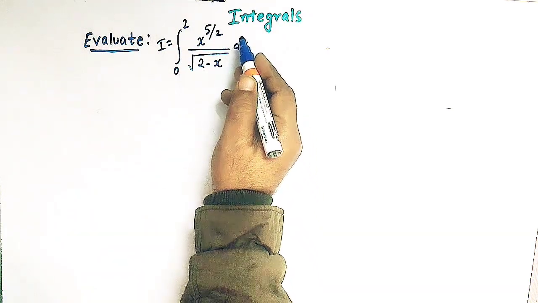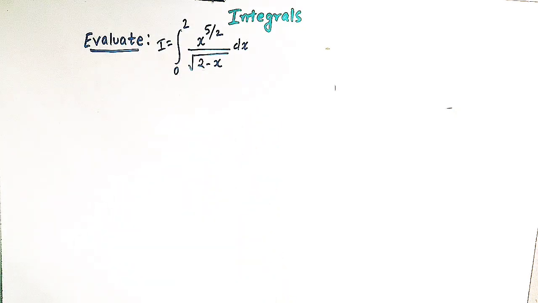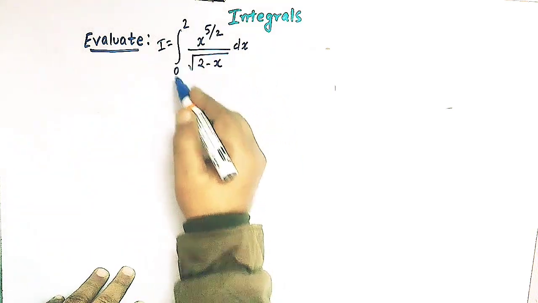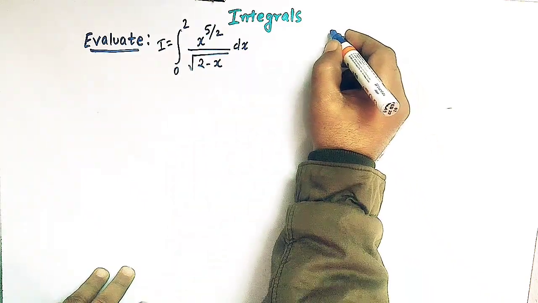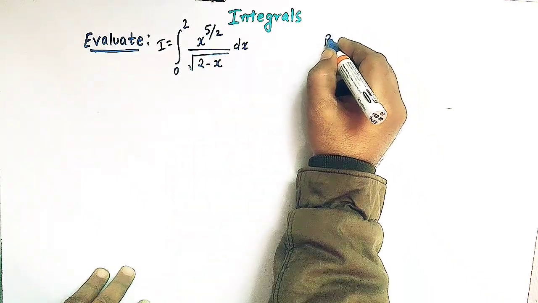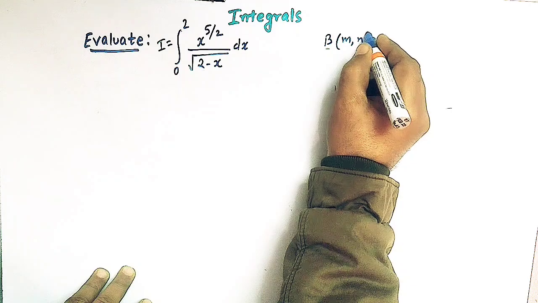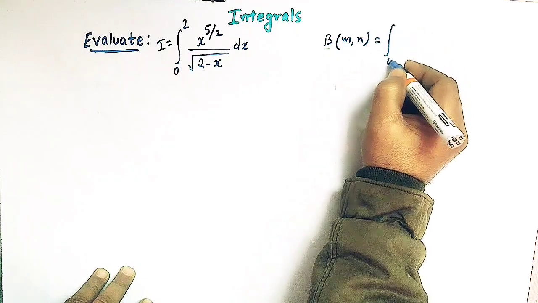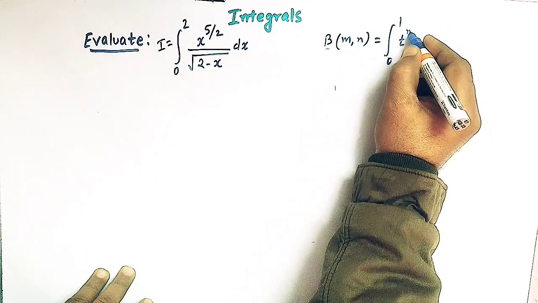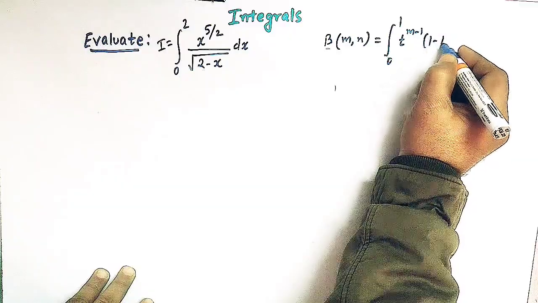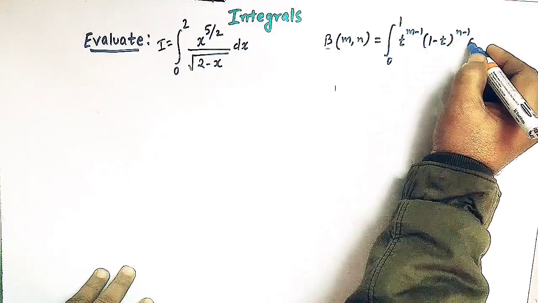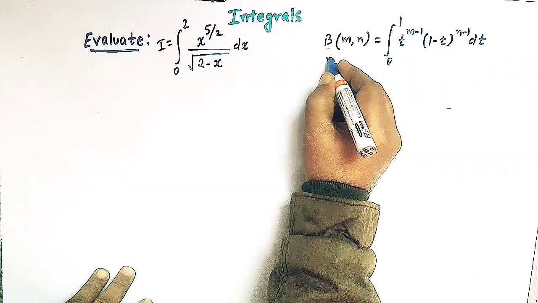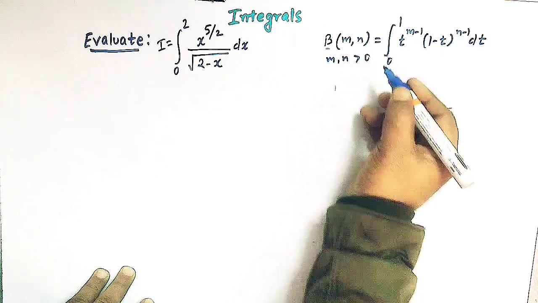Now here we will first make use of the method of substitution, right? And by using the method of substitution, we'll convert this integral into this form, that is the beta function, that is beta m comma n is given by the integral 0 to 1 t raised to m minus 1 and 1 minus t raised to n minus 1 dt, where m and n are greater than 0.